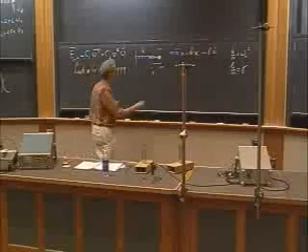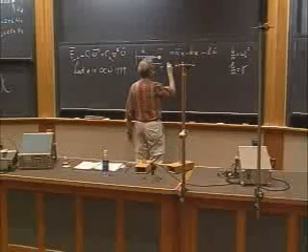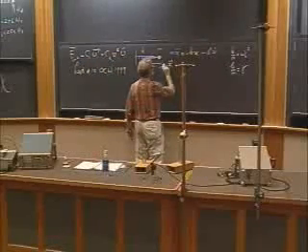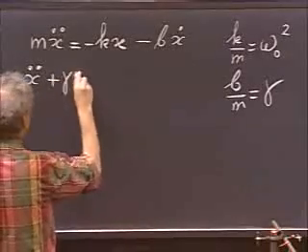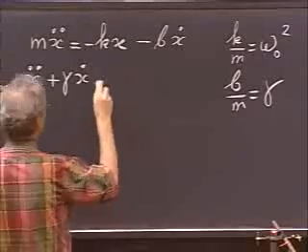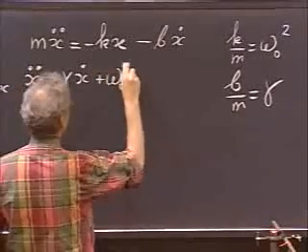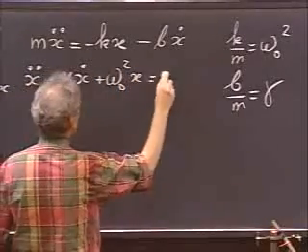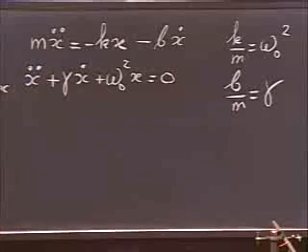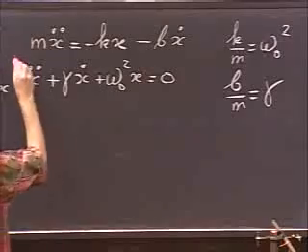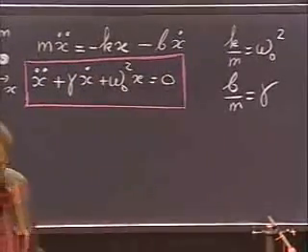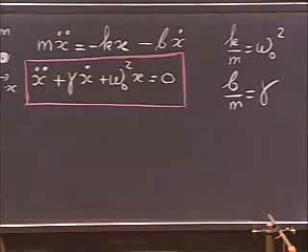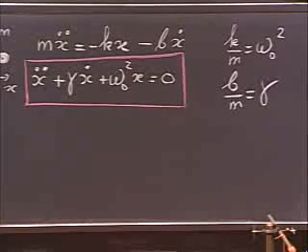And so if I rewrite this differential equation, then I get x double dot plus gamma times x dot plus omega 0 squared times x equals 0. And you see now our task ahead of us is to solve this differential equation. What is x as a function of time?